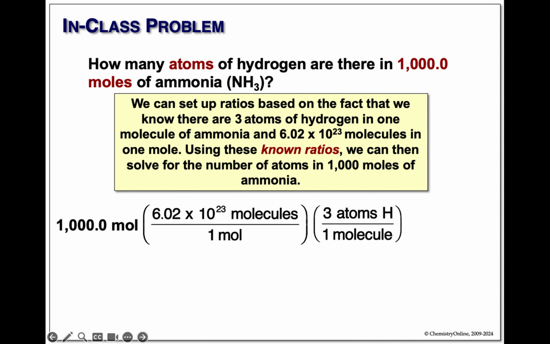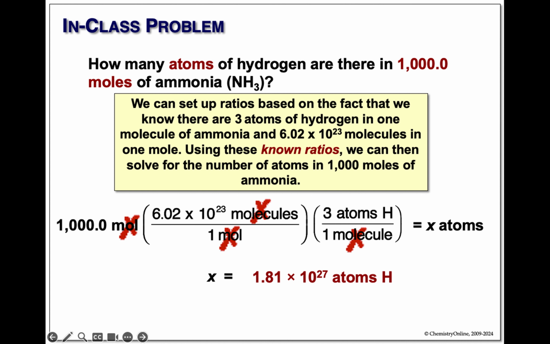Moles cancel, molecules cancel, and we're left with atoms. Once again, if you have your calculator out, 1,000 times 6 times 10 to the 23rd times 3 gives us about 1.8 times 10 to the 27th atoms of hydrogen.